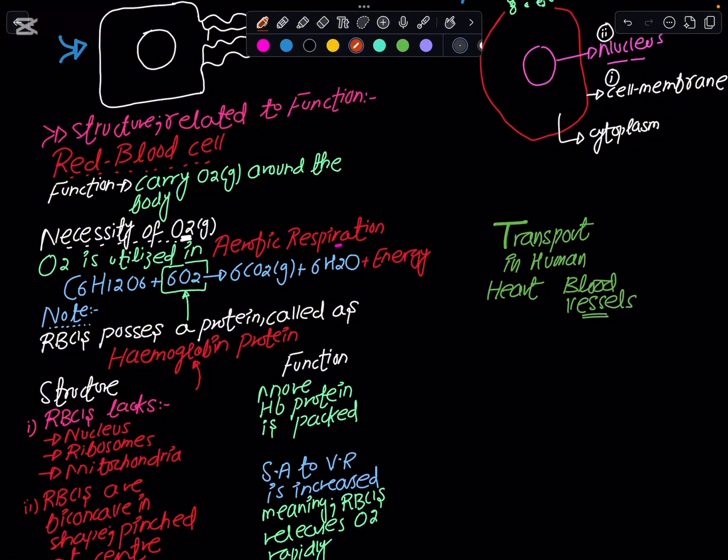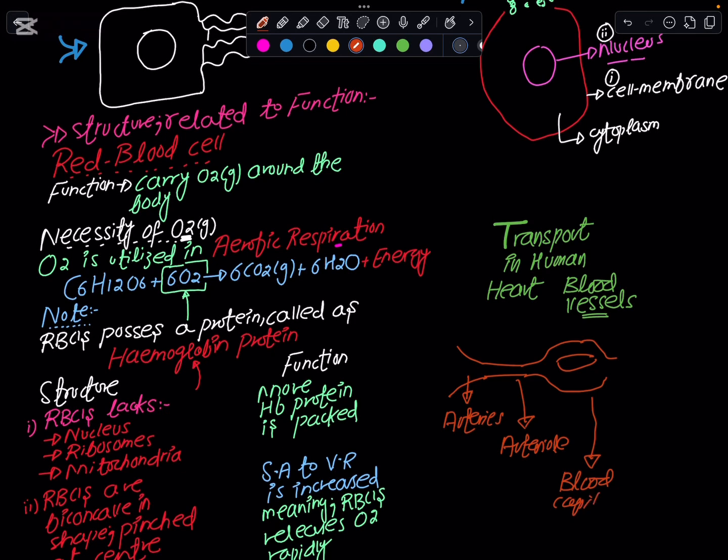If I were to show you the general distribution pattern of these blood vessels, initially we have a big blood vessel, the arteries. After the arteries, there are the arterioles. When we go out of the arterioles, there are miniature blood vessels, which are the blood capillaries. Moving onward out of the blood capillaries, we have the venules, and after the venules we proceed toward the veins.